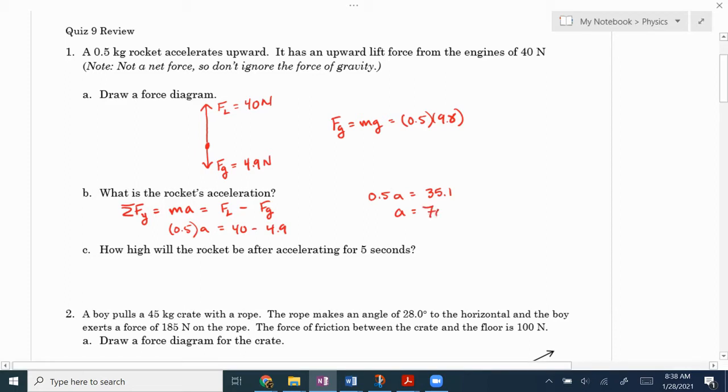That's going to give you 70.2, which is a really big acceleration. However, it's one of those little model rockets, so they accelerate pretty fast if you've ever seen one.